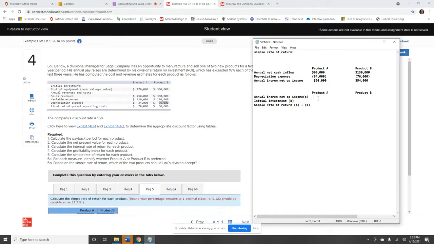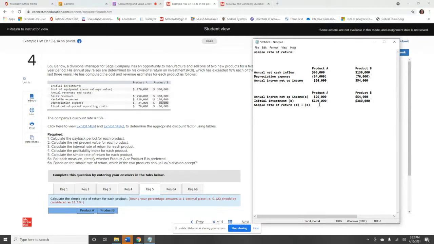So we're going to start with that operating income. And remember, this is called the simple rate of return. So as you can see, we're not doing anything with net present values. And then you just divide it by the initial investment. So that initial investment on product A is still 170,000, and on product B, it's still 380,000.